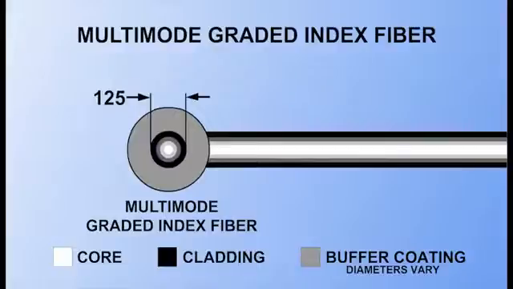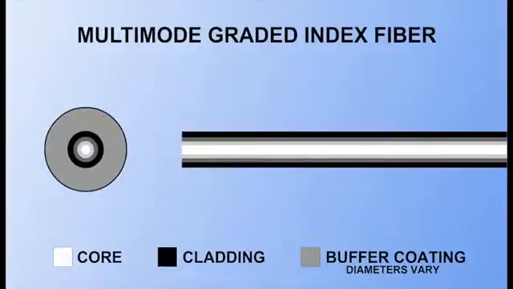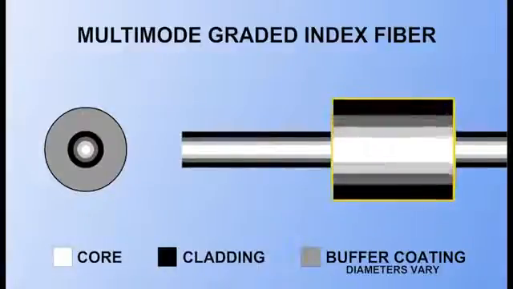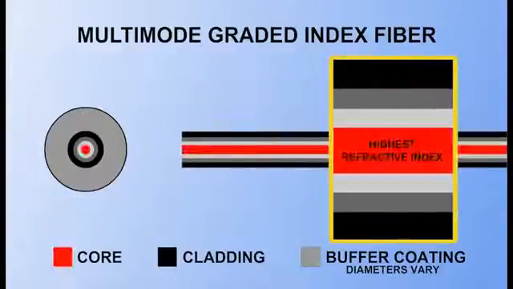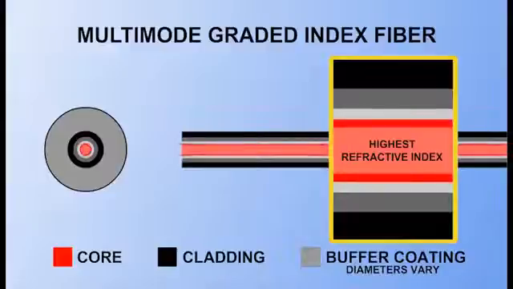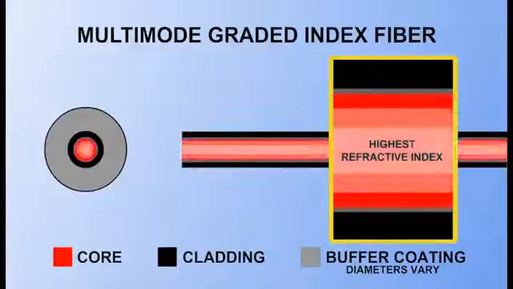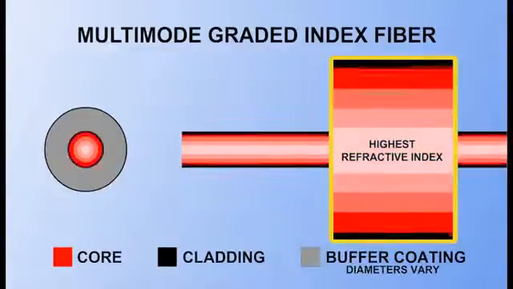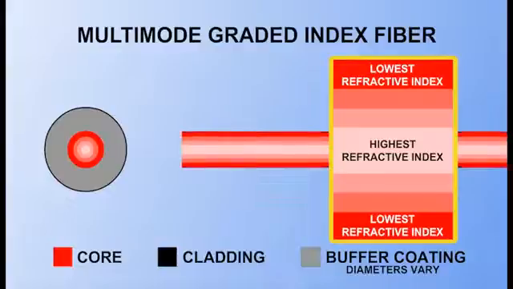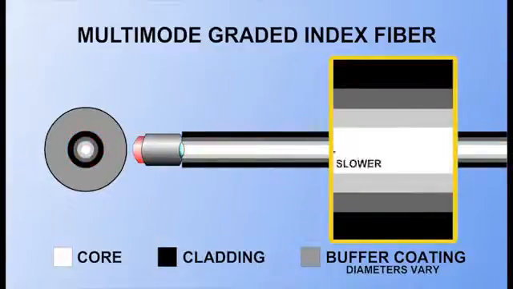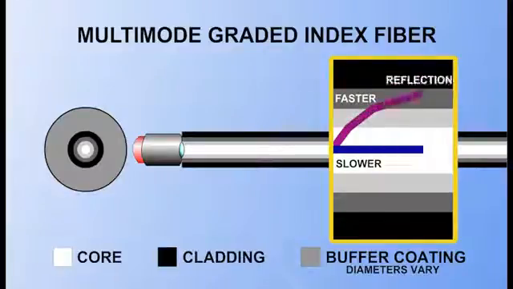Multi-mode graded index fibers were developed to address the problem of modal dispersion. Graded index fibers have their highest refractive index at the center of the core. The refractive index of the core declines gradually, so that the value at the outer edge of the core equals the refractive index of the cladding. The higher the refractive index of a medium, the slower the light wave will travel.